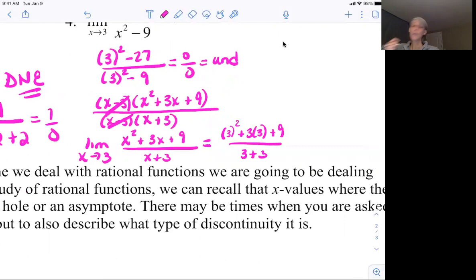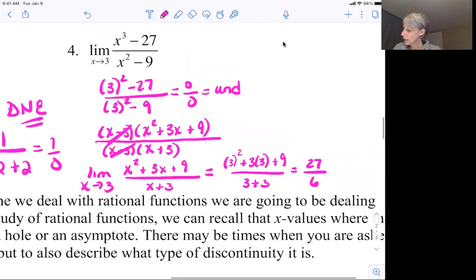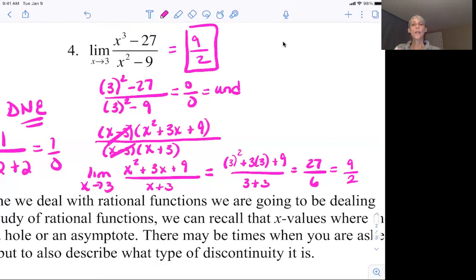So I have 9 plus 9 plus 9, 27 over 6. And 3 goes into 27 nine times, so that's 9 halves. So just remember, when you're evaluating a limit, if you don't get an answer the first time, you get to factor and try again.